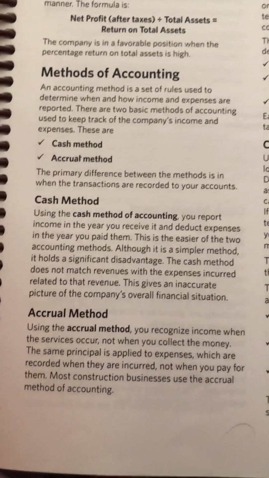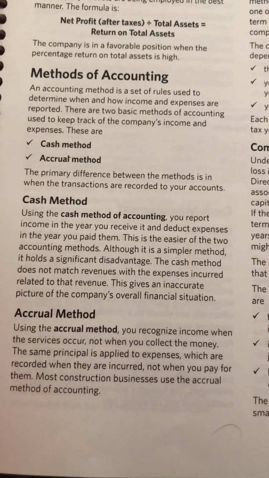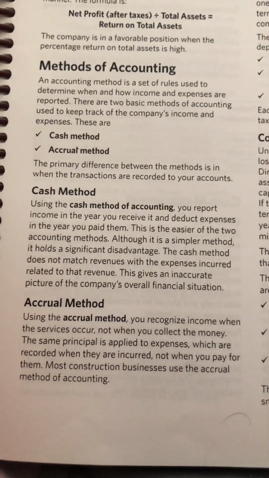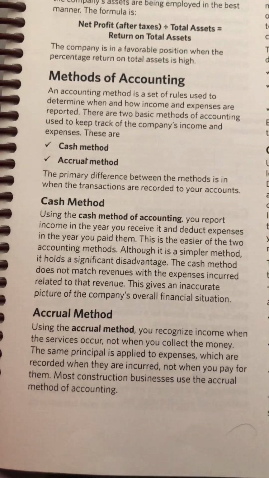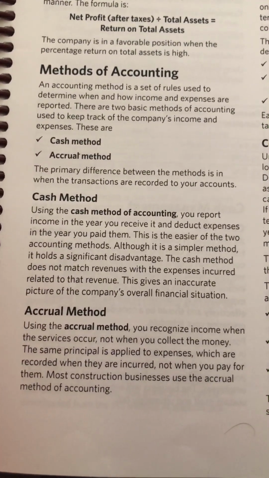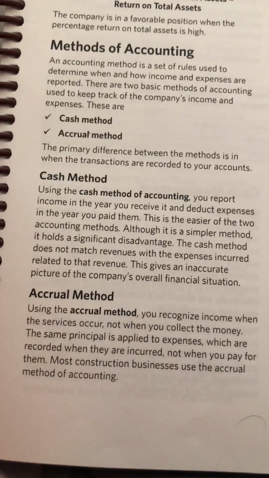Here's one that I'm pretty sure they ask about in the test, the methods of accounting. Cash method: you report the income in the year you receive it and deduct expenses in the year you paid them.